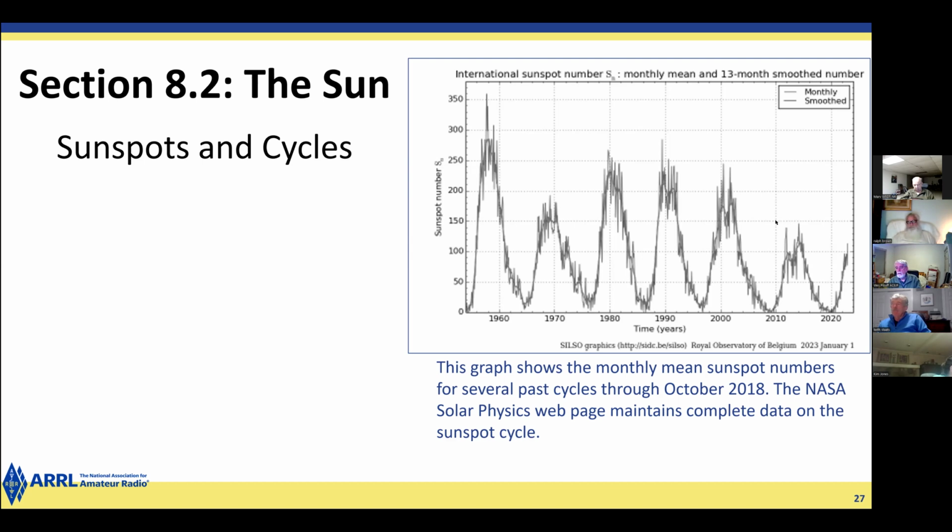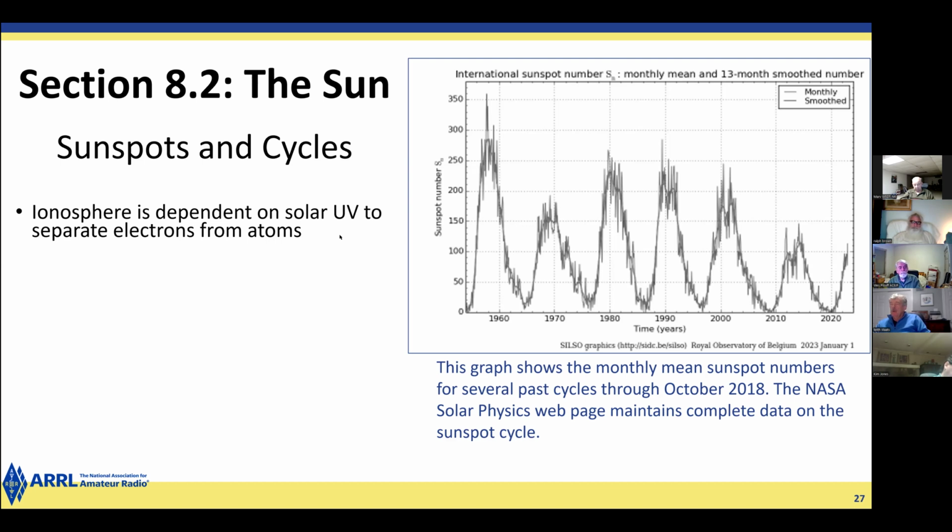The weakest sunspot cycle was the previous one to where we are now, cycle 24, and you can see that the peak sunspot number was only half of what it was in the cycle before 1960. So sunspot cycles vary quite a lot, and within the sunspot cycle, the sunspot number is very noisy. In other words, the numbers go up and down quite a bit. Now, let's talk about that.